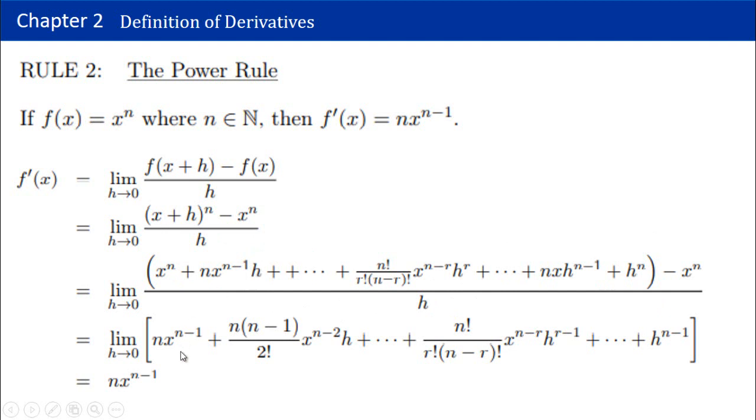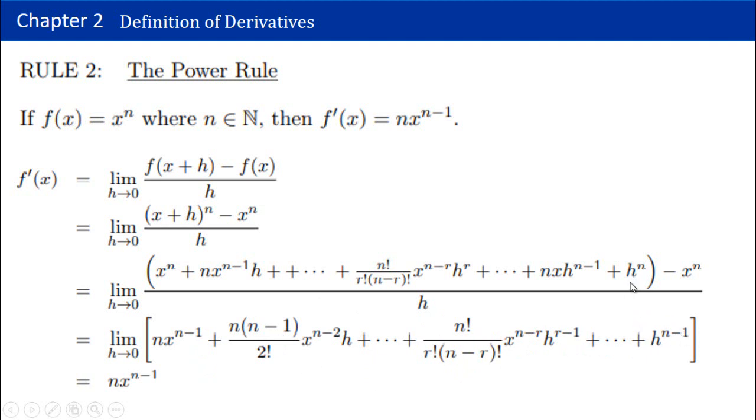Yeah. And that means it remains that n x raised to the power of n minus 1 plus n times n minus 1 over 2 factorial times x raised to the power of n minus 2 times h, kasi po ito ay nakabase na sa ating binomial expansion na formula on the combination. So, we have here plus h raised to the power of n minus 1.